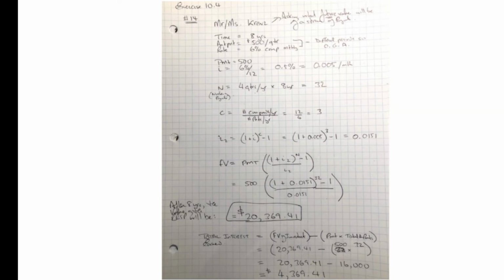Now, what we're calculating here is to see how much the future value is, because they're asking what it's going to be worth in 8 years. So we plug it into the basic formula for calculating the future value of an annuity. So the payment is 500, times 1 plus I2, and we've calculated I2 to be 0.0151, to the power n, the total number of compounds that go on during the life of this.